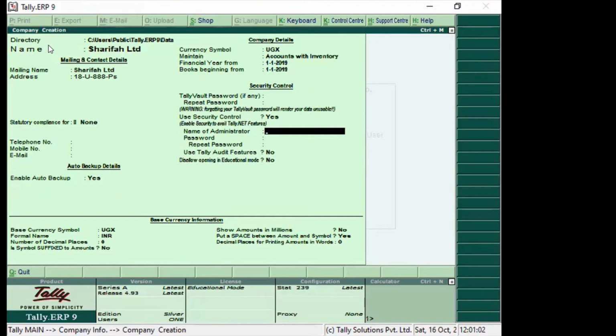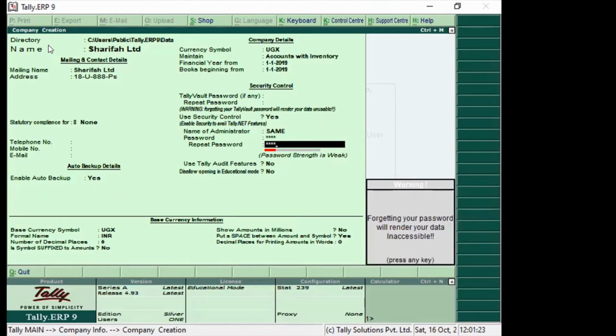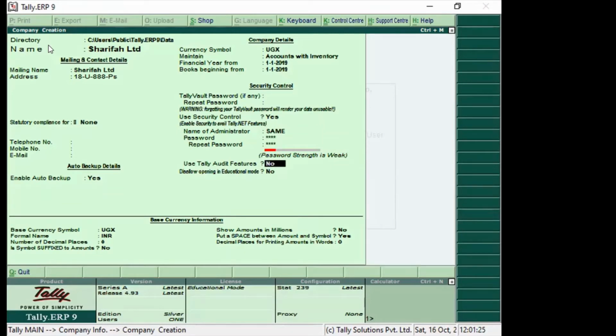And from our question, name of administrator is same. And the password is surname, isn't it? Let me use my surname here, not to forget. Okay. Like this, same name, you enter again, isn't it?